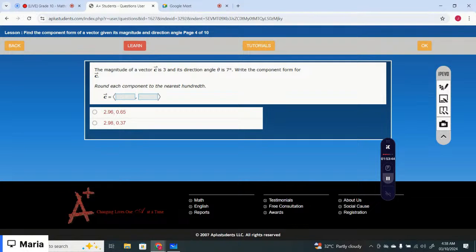The correct option is option number 2, that is 2.98 and 0.37.